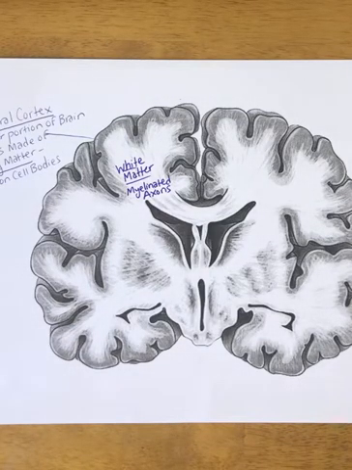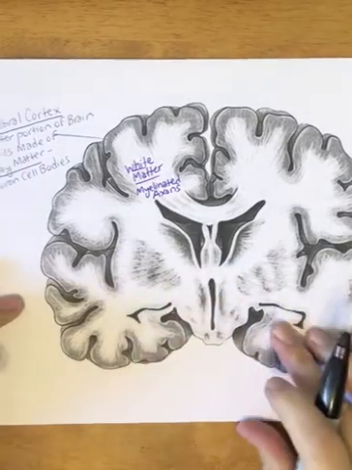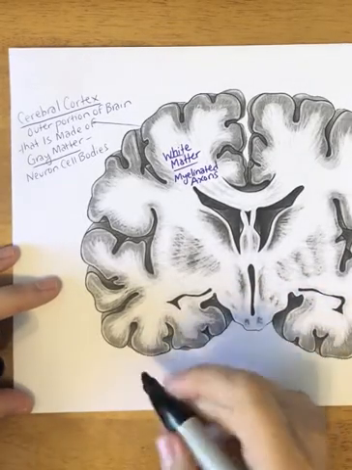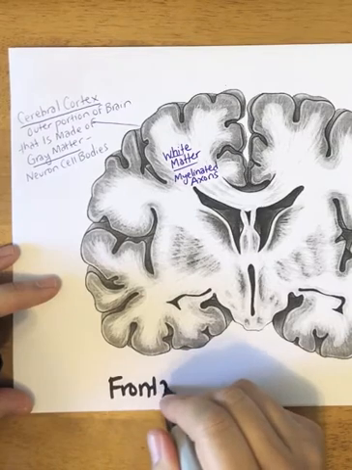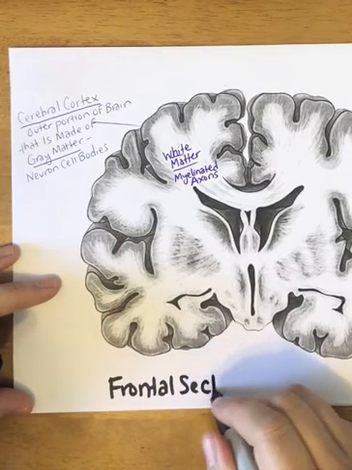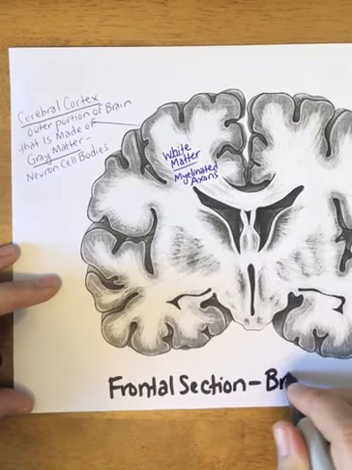If you want to, you can label your pictures as we go. We will use this picture as well. This is a frontal section, or a coronal section, of the brain.